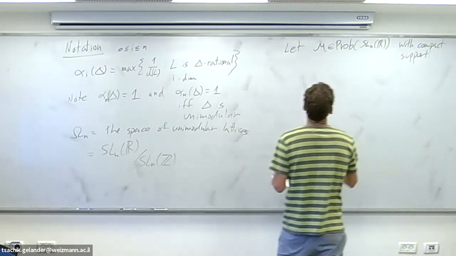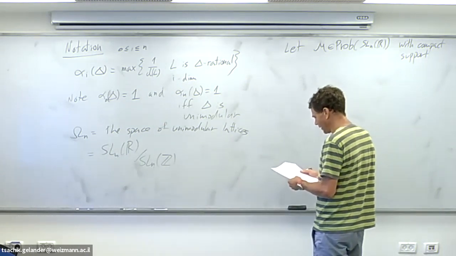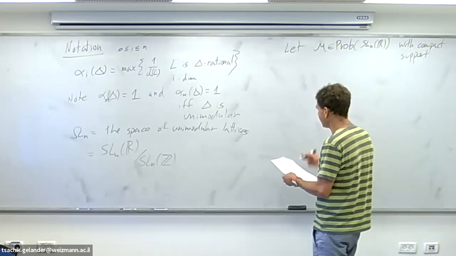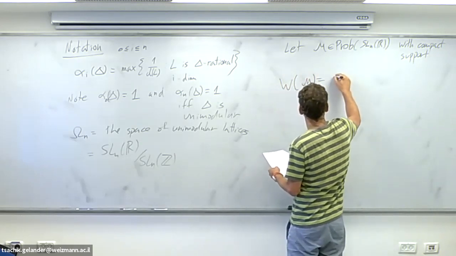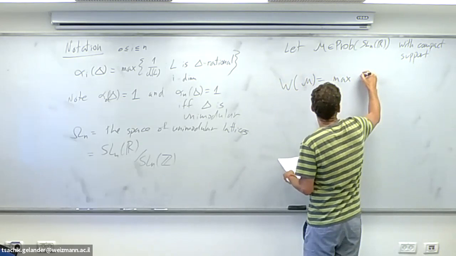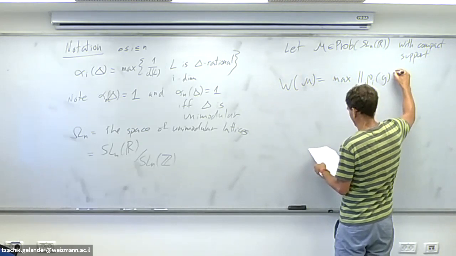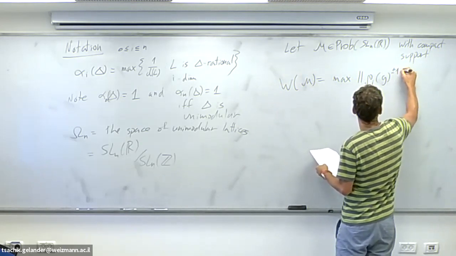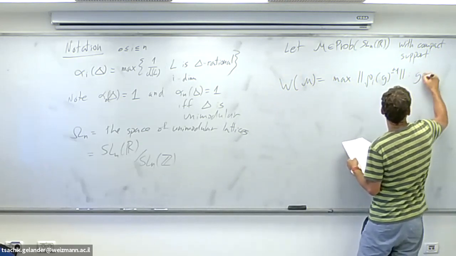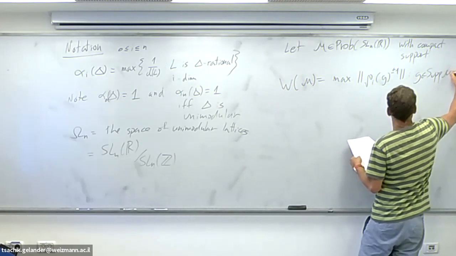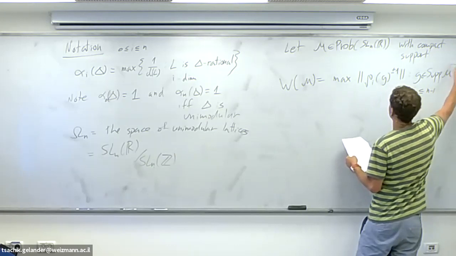So let mu be such with compact support, and then we have two constants. W mu will be the maximum of the norm of rho i of g plus or minus 1, such that g belongs to the support and i in 1 and minus 1.